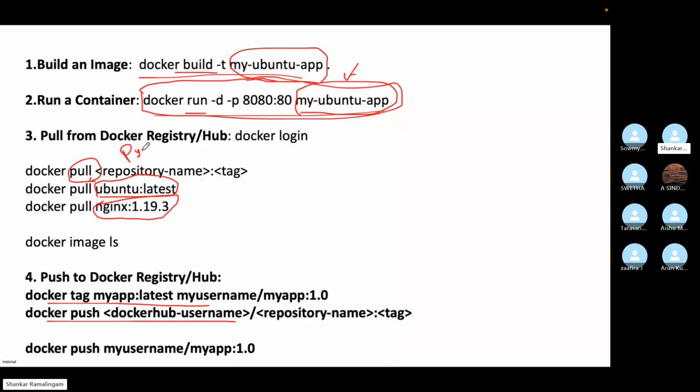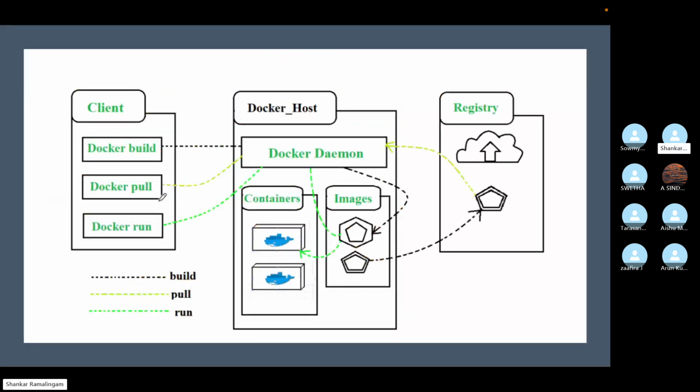Whereas Docker push and pull is related to your Git commands. Git also we will use tag, but that we have not covered. So it is exactly the same as the last one.